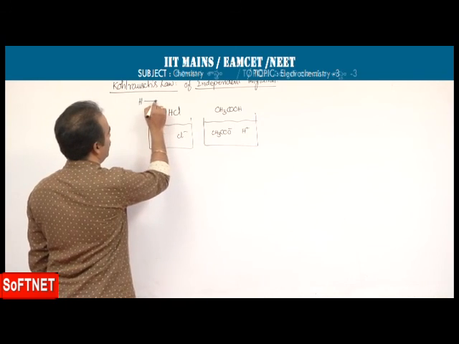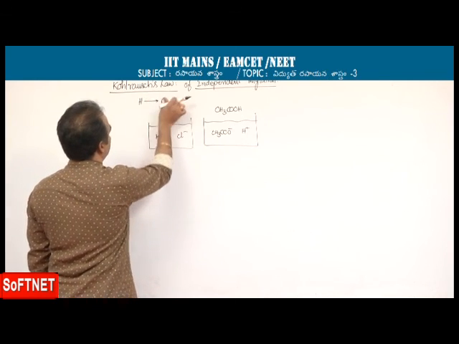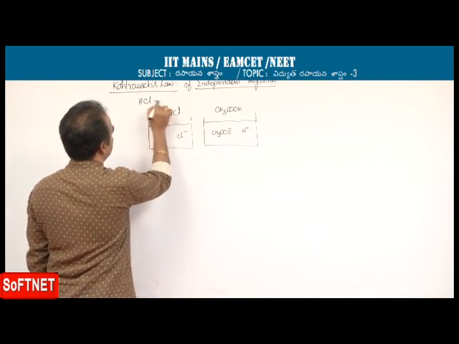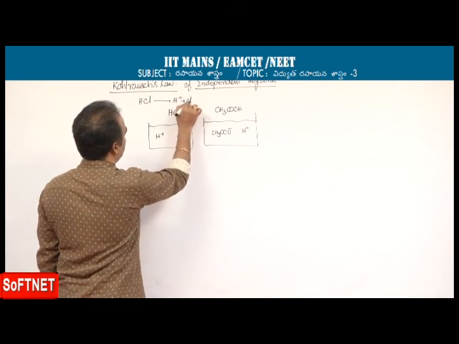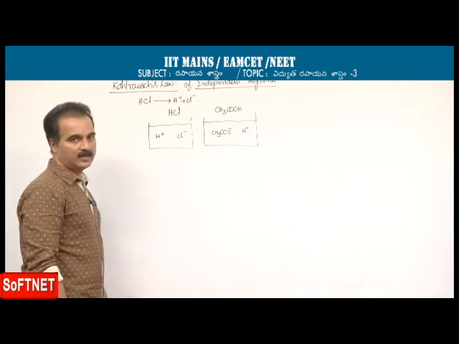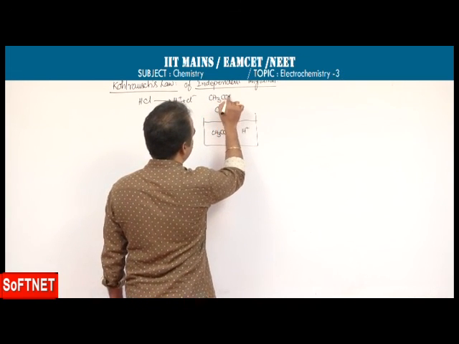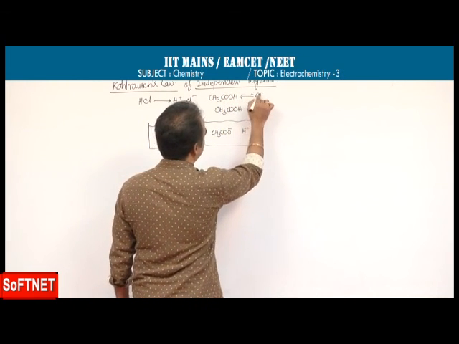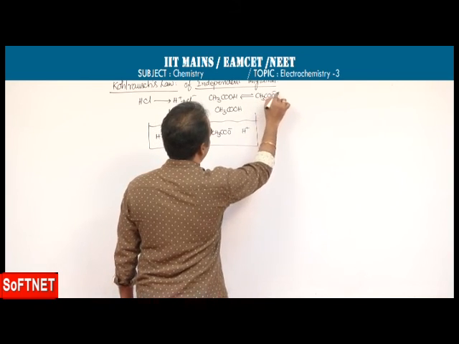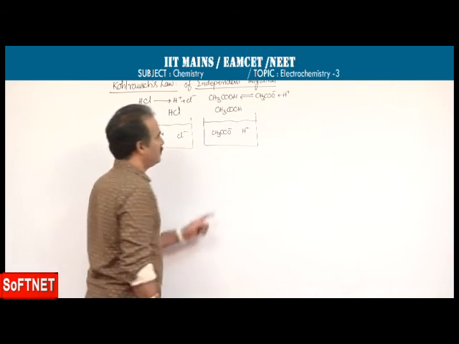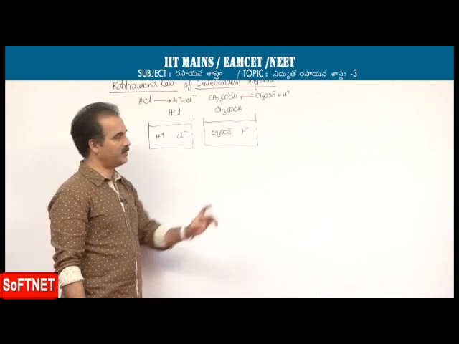It can be represented like this. HCl gives rise to H plus and Cl minus. This is almost irreversible, almost to completion. Whereas acetic acid dissociates reversibly, meaning there is a dynamic equilibrium between dissociated and undissociated.